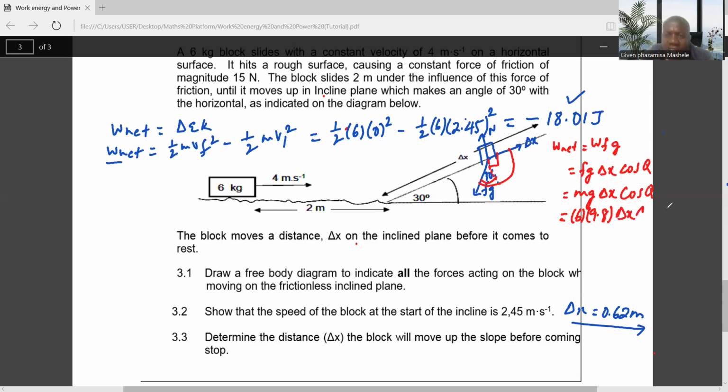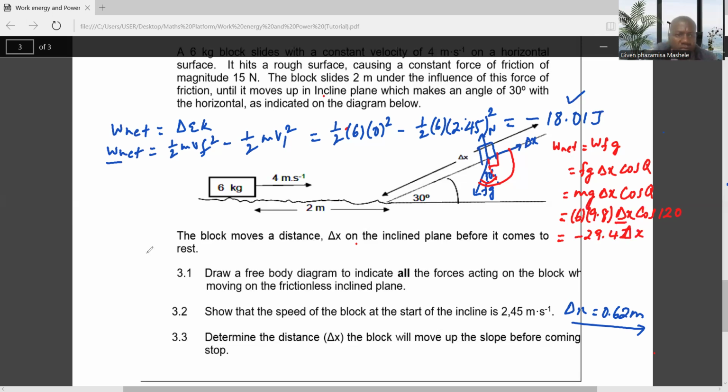Cos of what is the angle between? 120. So let's work out 6 by 9.8 by cos 120 and leave delta X. 6 multiplied by 9.8 multiplied by cos 120 will give us negative 29.4 multiplied by delta X.